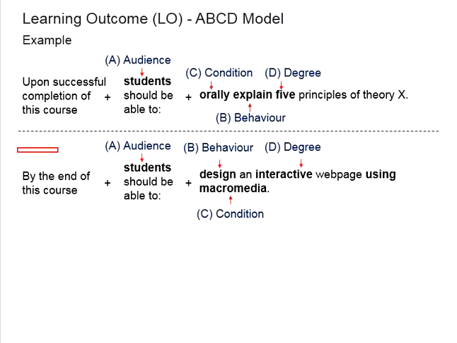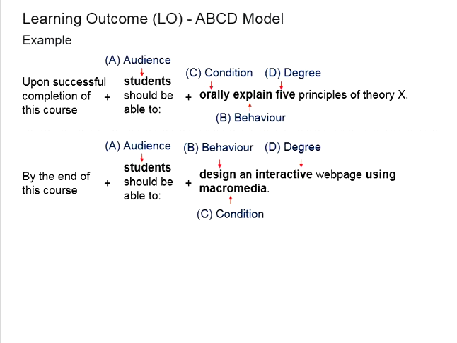Now, this learning outcome needs to be something measurable. Here it gives you the quantity, one website. And it should be something observable, something that can prove the learning and achievement of the students. So when you see the website produced by the students, this is something observable.